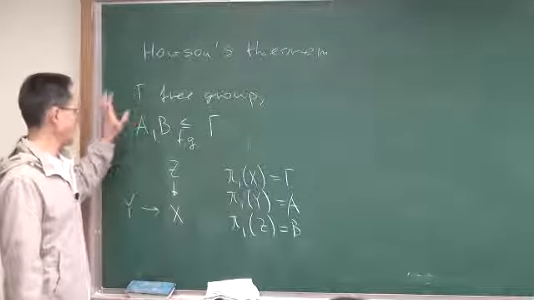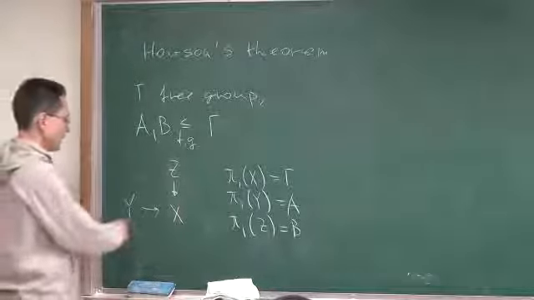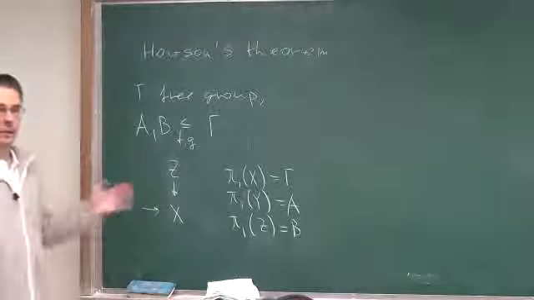So since gamma is finitely generated, X can be taken to be a finite graph. And then you represent it by covering, and then you collapse the branches in the covering, you take only a finite part of the graph.